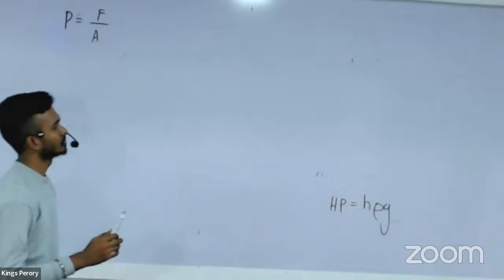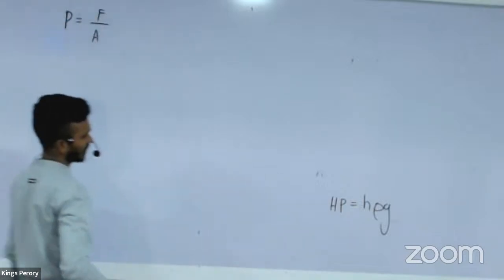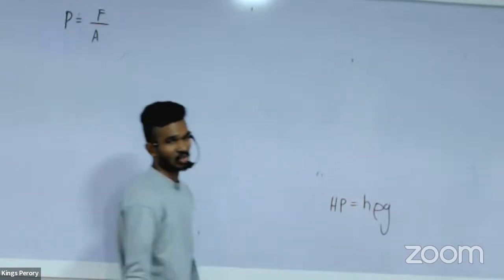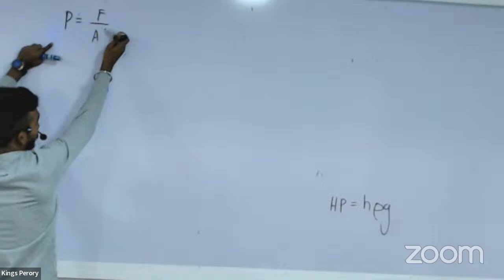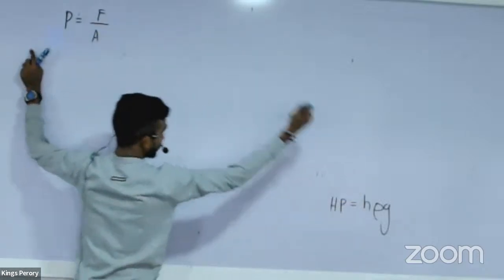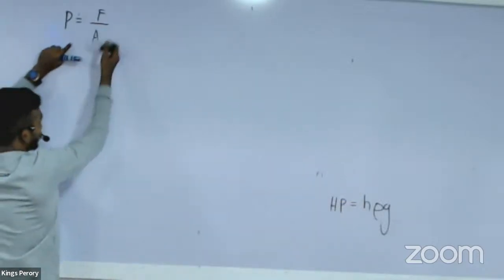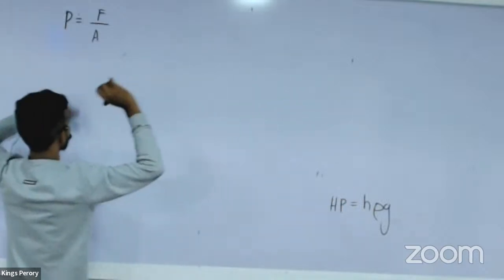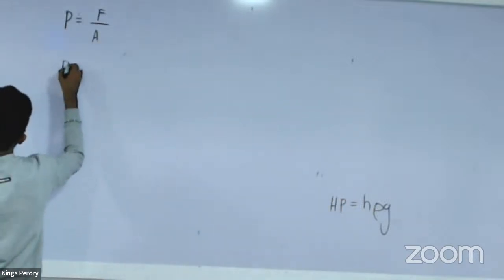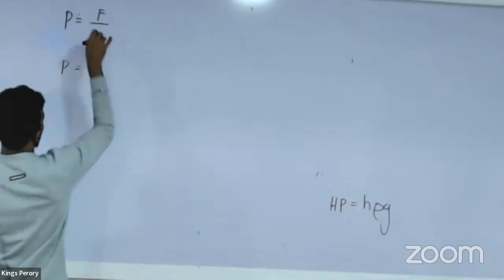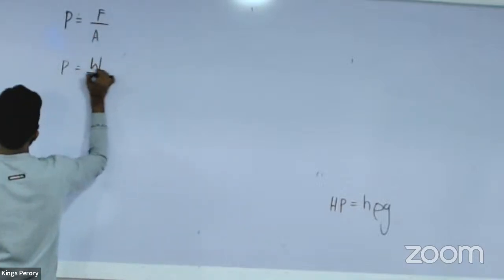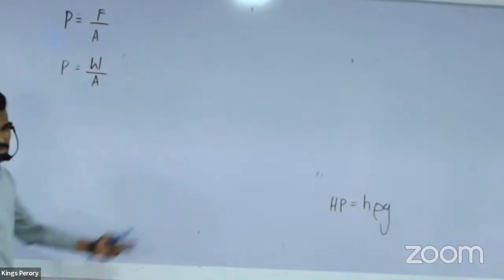Okay. Pressure is force over area. Hydrostatic pressure is H rho G. How come that connection? See, I will start from this equation and I'll go to that equation. Pressure is force over area. I can modify it and write weight over area also. True, no? Like the previous questions.